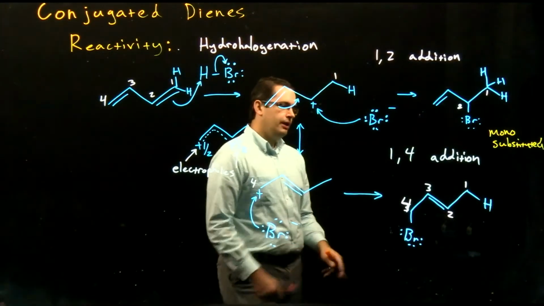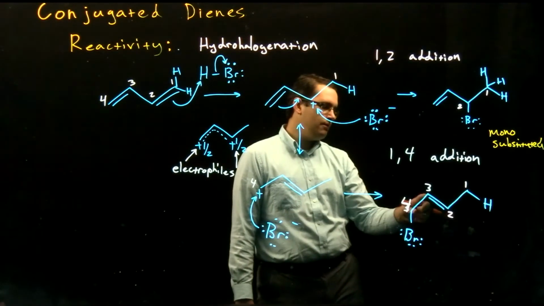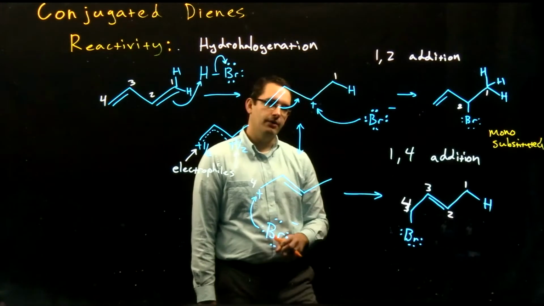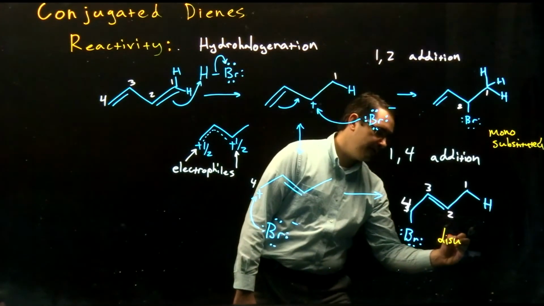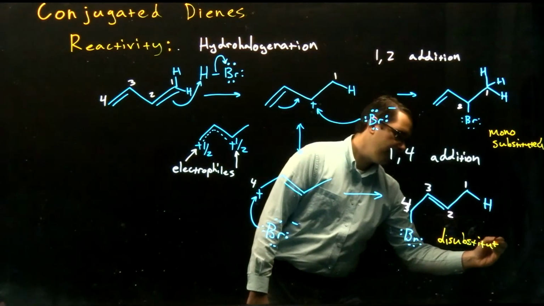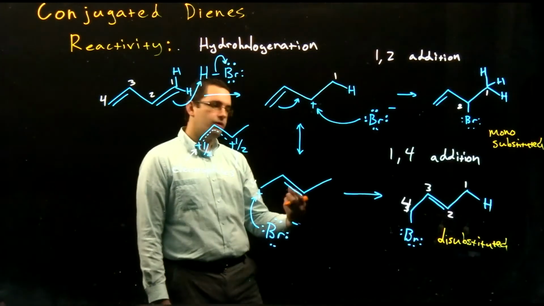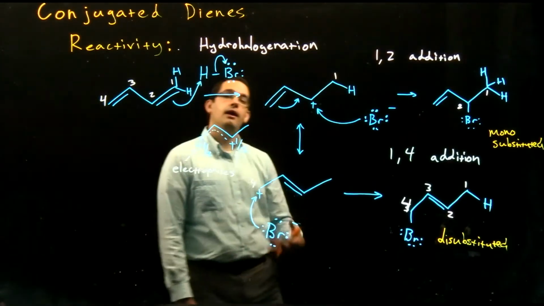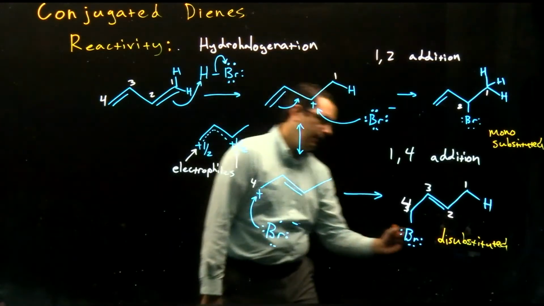Our alkene down here, so our alkene is now in the middle. We have a bond to a carbon over here, and we have a bond to a carbon down here. So this is actually a di-substituted alkene. Now, as we increase that substitution, we increase the hyperconjugation, and therefore we increase the stability of our alkene.